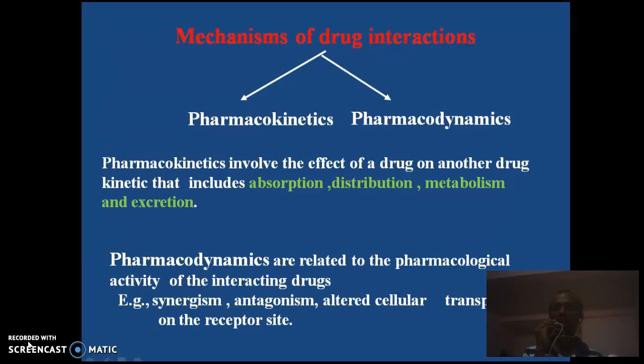Whereas pharmacodynamic interactions are those in which the pharmacological activity of one drug is changed or modified in the presence of another drug, namely synergism, antagonism, altered cellular transport, and effect on the receptor site.